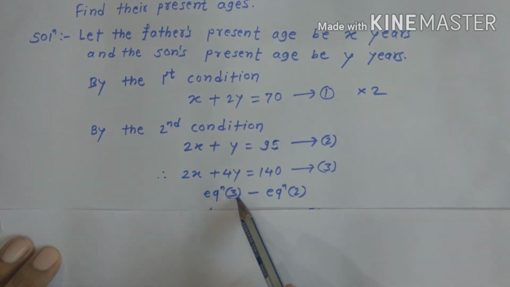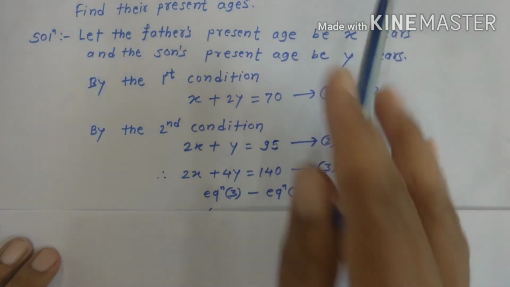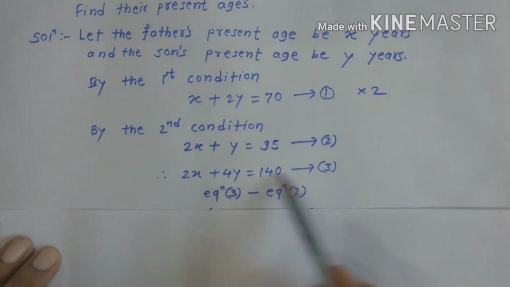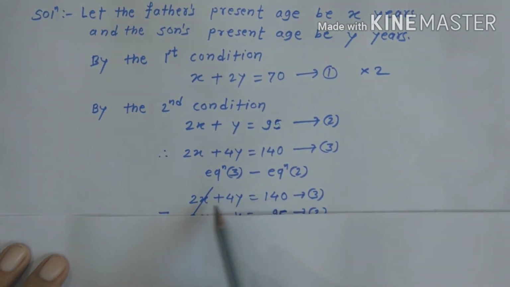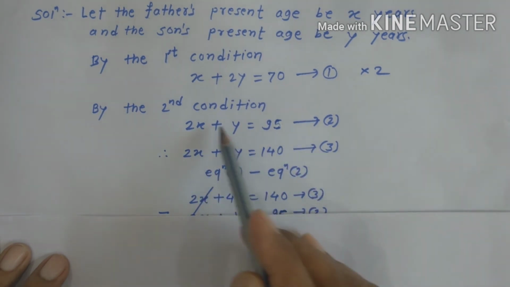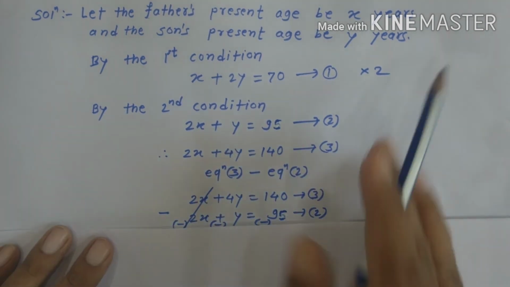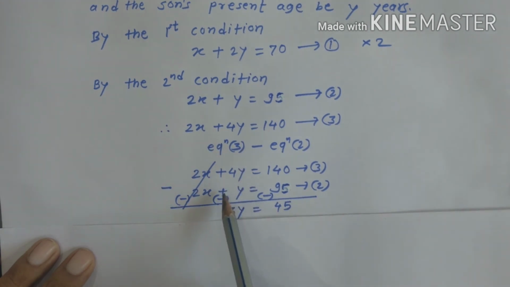Therefore equation 3 minus equation 2. So first write down equation number 3. Here is equation 3 and then write down equation 2 below the equation number 3. Here we are subtracting the equation. Therefore the signs of equation number 2 will be changed. Plus sign will become minus sign, plus sign will become minus sign, and here plus sign changes to minus sign.